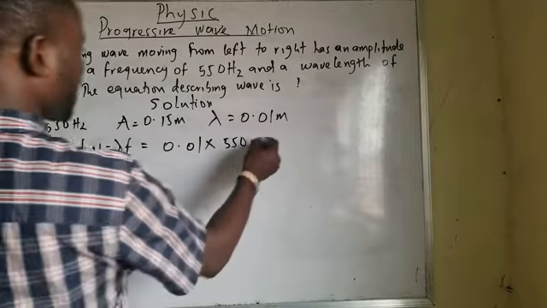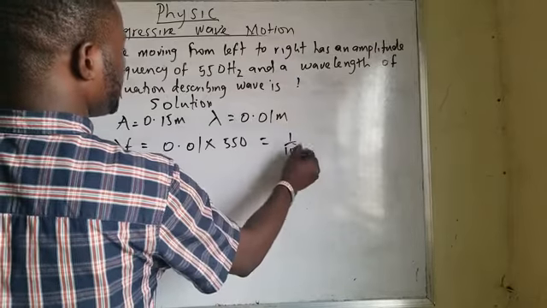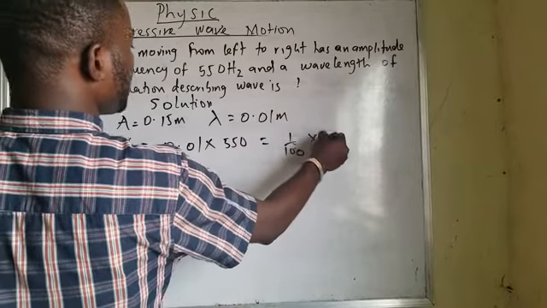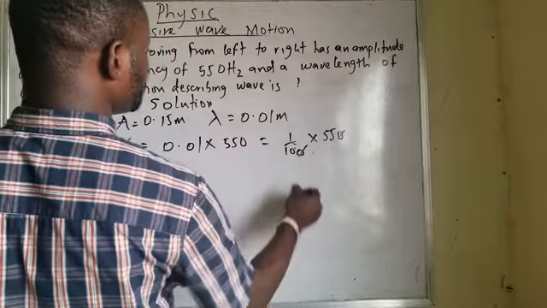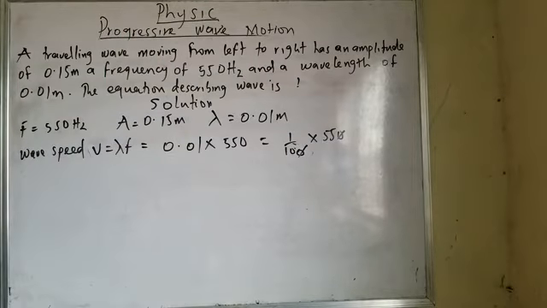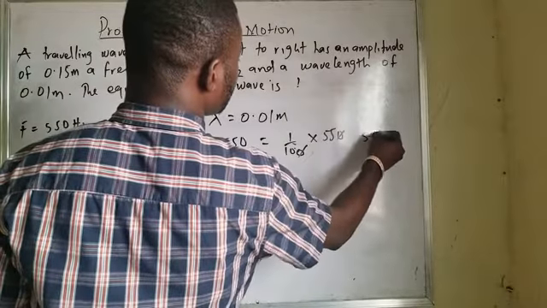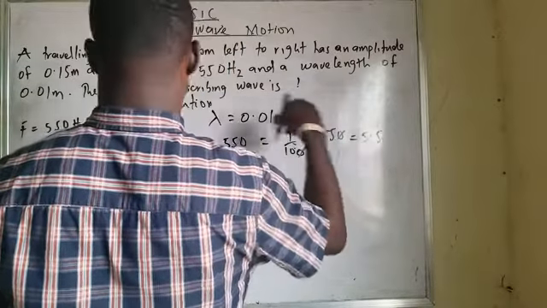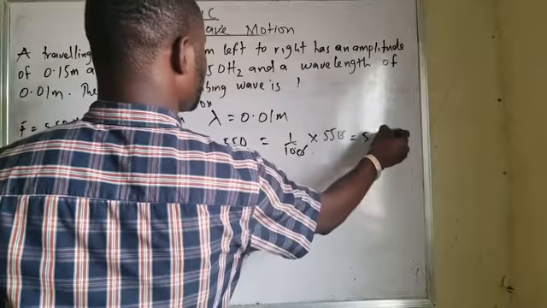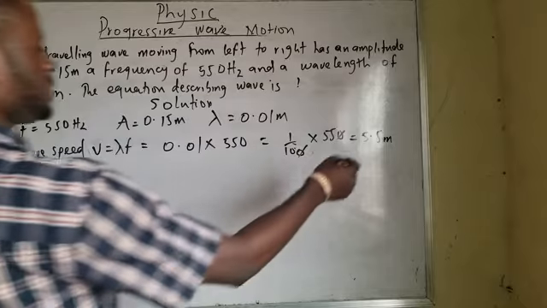Normally, I can write this as 1 divided by 100 multiplied by 550. This will cancel, and I will be having 5.5 meter per second.